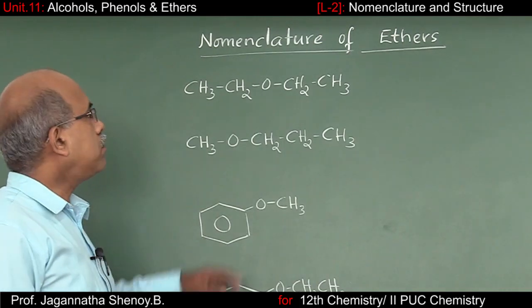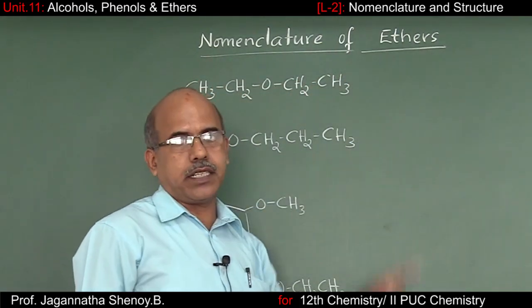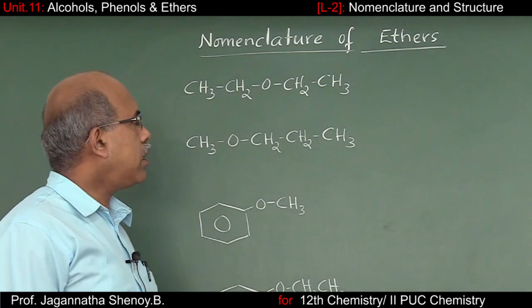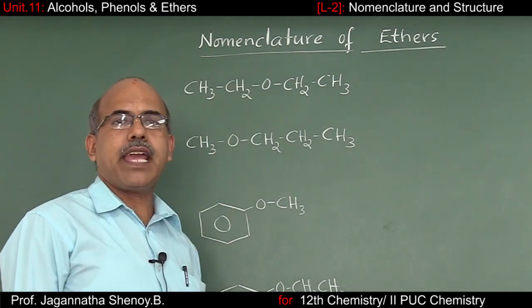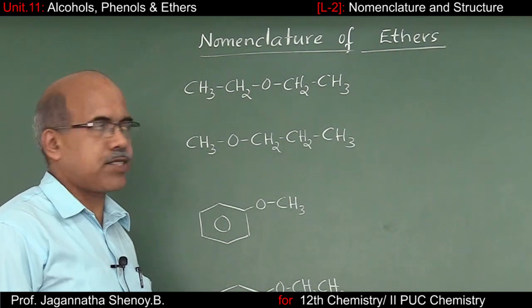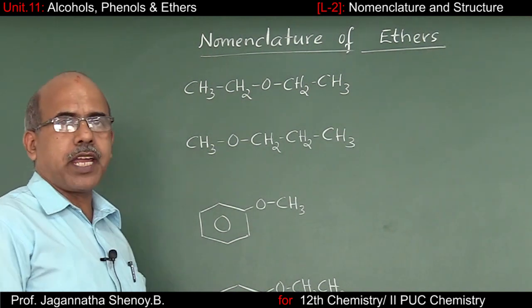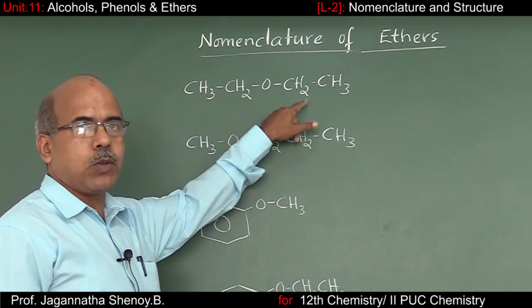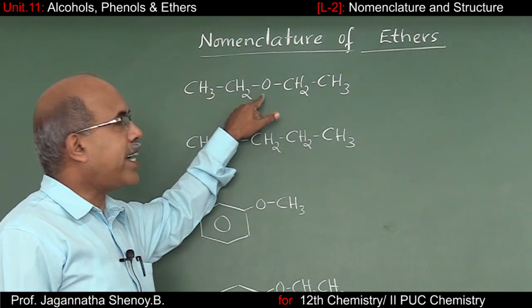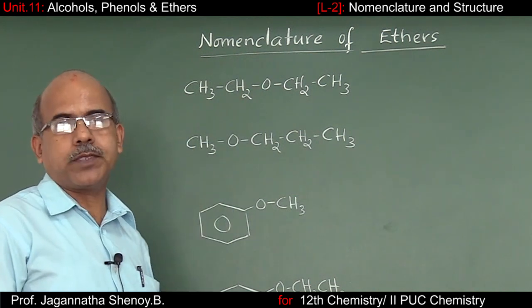We shall start from nomenclature of ethers. As usual, first we shall consider common names of these compounds, then we shall write IUPAC names. In common nomenclature, we first write the names of the groups present on either side of the ether functional group.